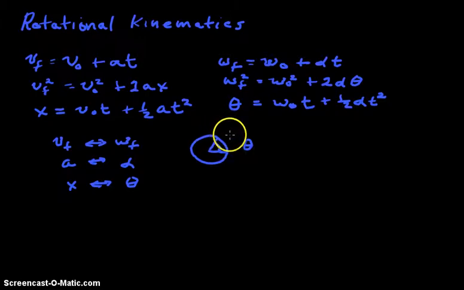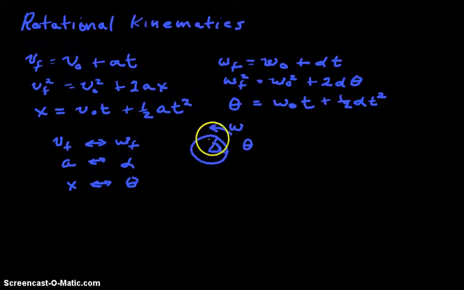So this is rotating at an angular velocity omega, and this would be in degrees per second or radians per second, just like the angle is in degrees or radians.